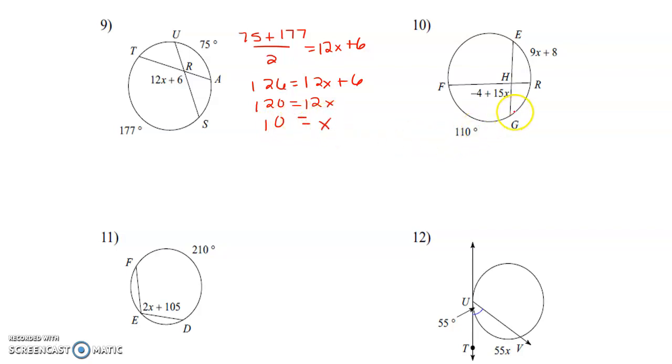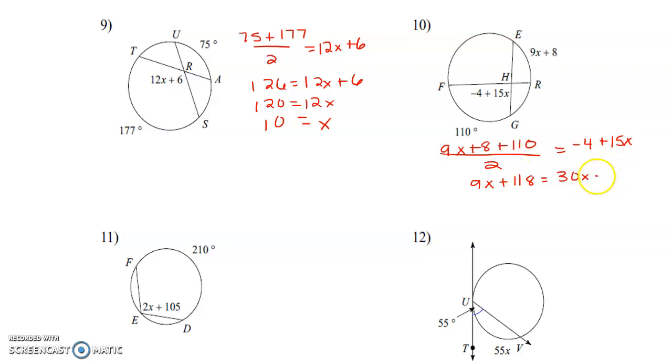All right, let's take a look at this one. I'm going to add my arc plus my arc, divide by 2 equals my angle measure. Notice there are two terms over here, so I'm going to have to distribute. So I'm going to have my 9x plus 118 equals, so when I distribute, 15x times 2 is going to be 30x.